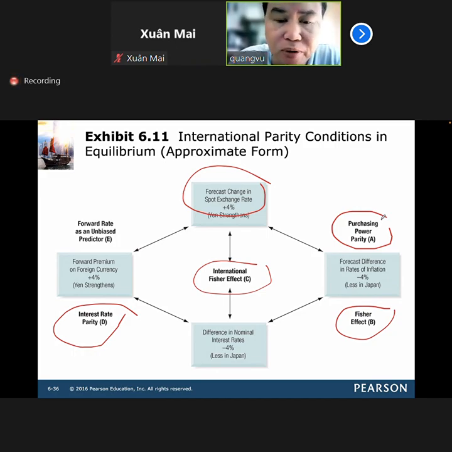And later on, you learn that one iPhone 14 Pro Max actually is sold in Vietnam for more Vietnam dong. They're signaling to you that the purchasing power of Vietnam dong actually goes down. Vietnam dong loses its purchasing power, or inflation in Vietnam goes up.